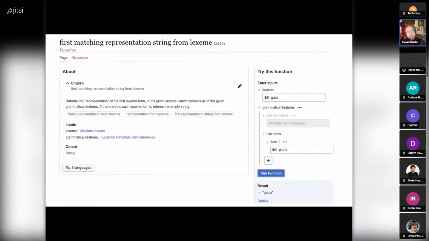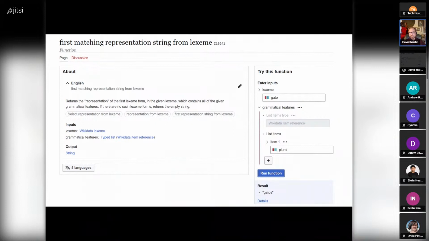And here's an example of doing a bit of that. This function, first matching representation string from lexeme, takes a Wikidata lexeme as an input and a list of grammatical features, which themselves are references to Wikidata items. Then it chooses the form inside the lexeme that matches these grammatical features, and then it returns the representation string from that form.